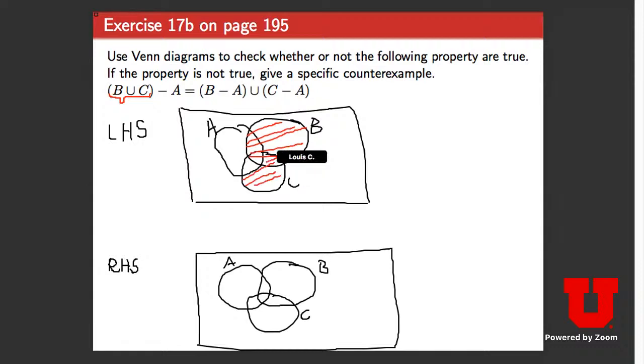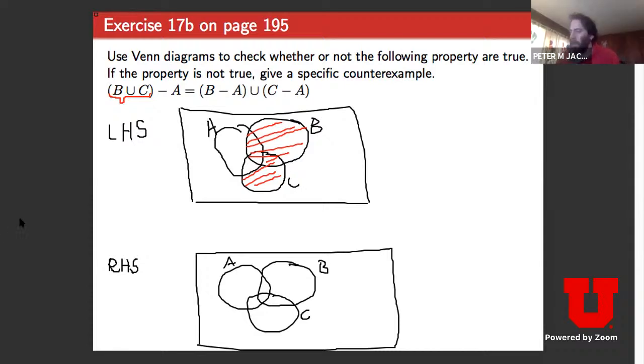And then it says everything that's not in A. So what I did is I just got rid of these. That just meant that we just include everything that's in B and C and not A. Yeah, this darker shaded part.